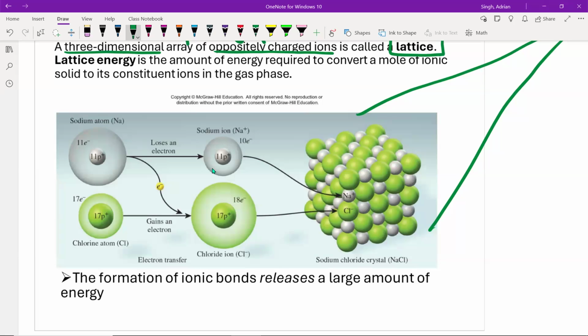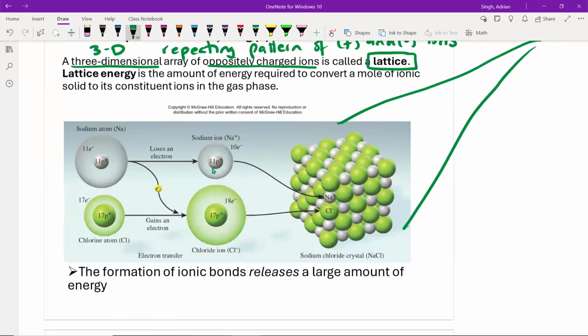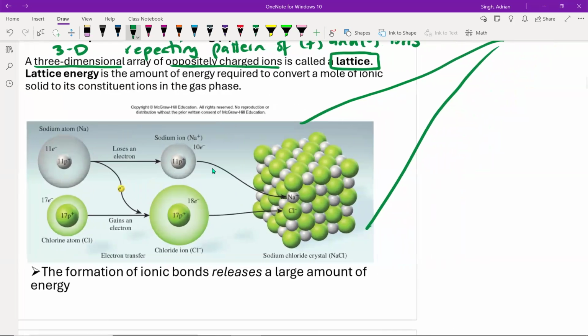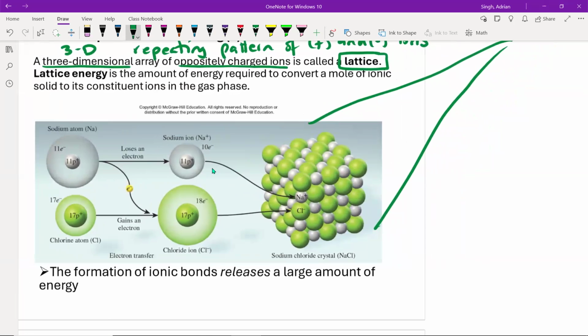So the energy that is needed to actually convert this solid to the gas phase is something known as the lattice energy. And that is an indication of stability of that ionic compound.